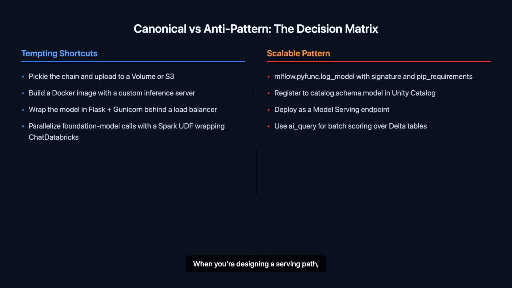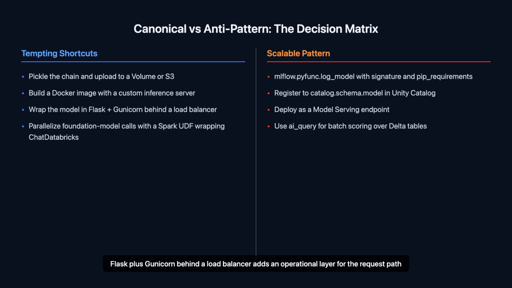When you're designing a serving path, you have a few tempting shortcuts and one scalable pattern. Pickling the chain to a volume or S3 breaks the moment a dependency drifts, because the unpickled object expects exact library versions you no longer control. A hand-rolled Docker image re-implements the model loader, the scoring server, and the autoscaler that model serving already provides.